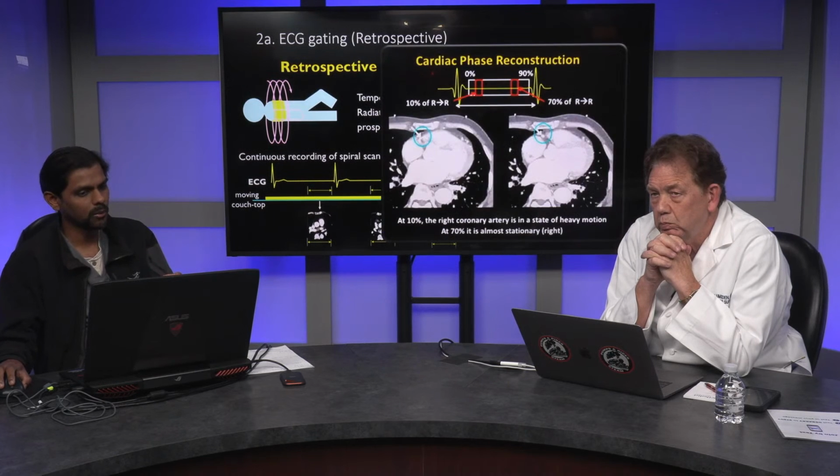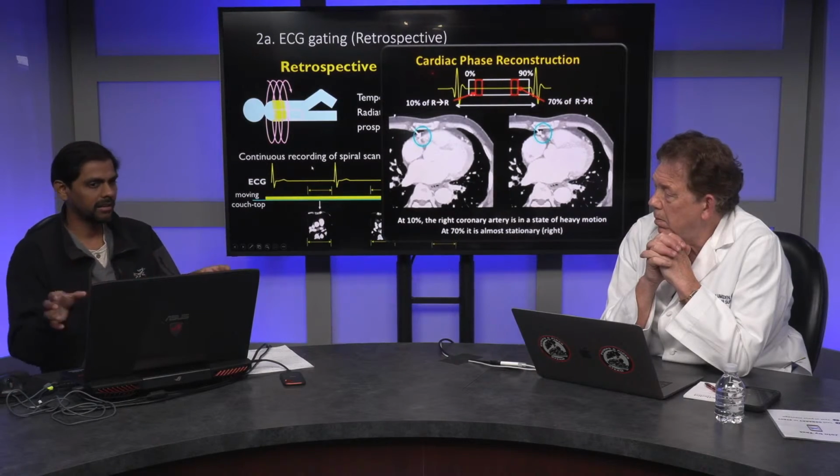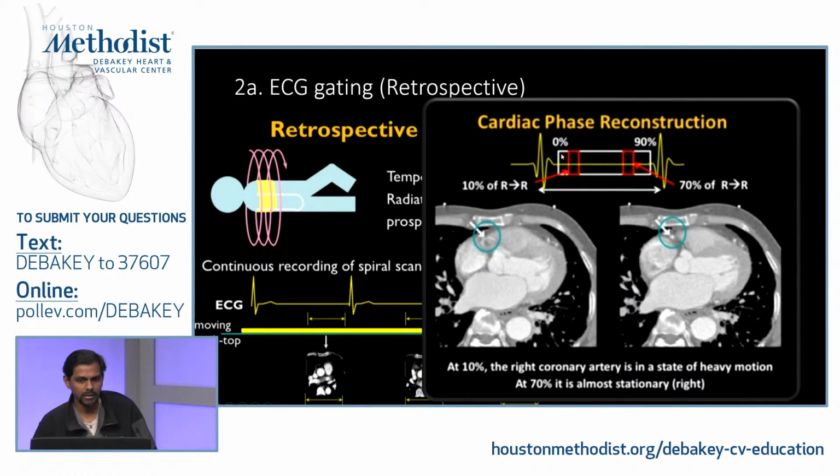Once you have acquired the data, you can, at the scanner console itself, split the data into 10 or even 20 different phases across the cardiac cycle. For example, if you are staying closer to the QRS complex or just after it, then you get more of a systolic phase. As you can see, the origin of the right coronary artery has a lot of movement, and the best phase in cardiac imaging is diastole, where there is not a lot of movement.